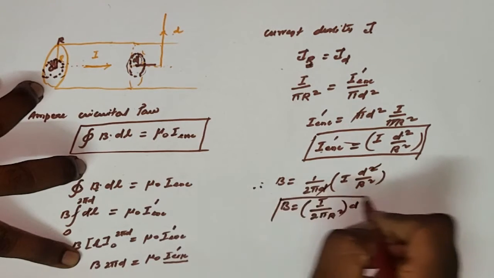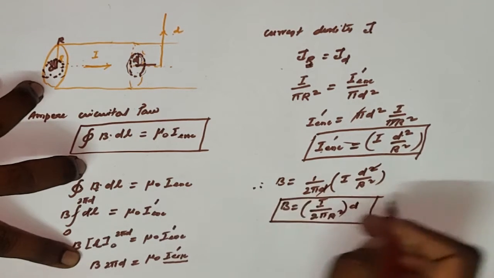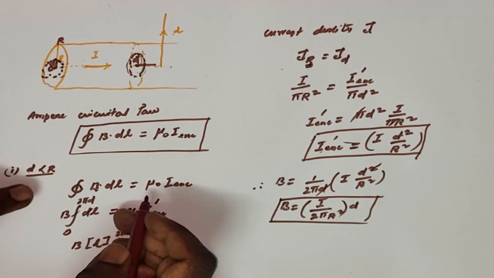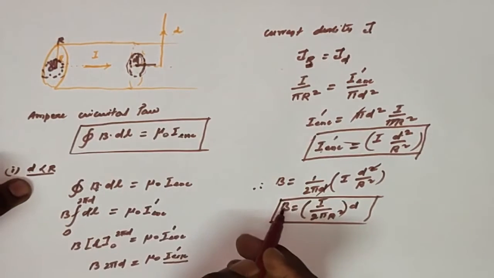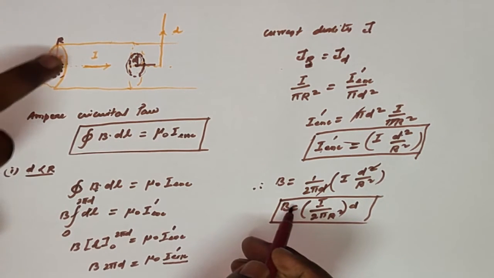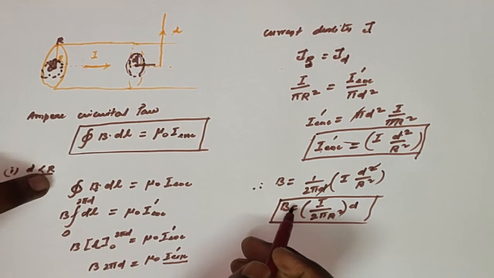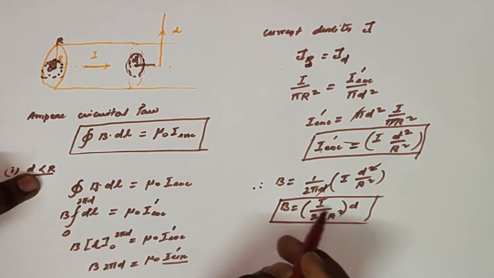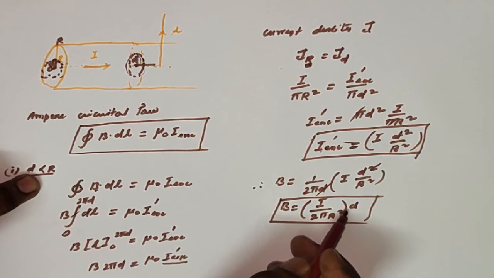This is the amount of magnetic field inside the cylinder at radius d. If d is less than R, the magnetic field varies linearly with the radial distance d.